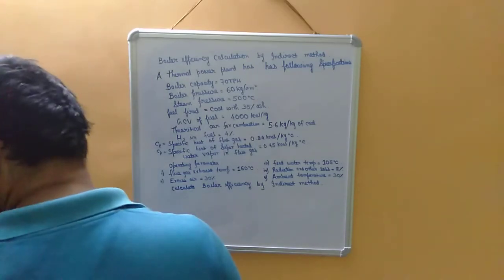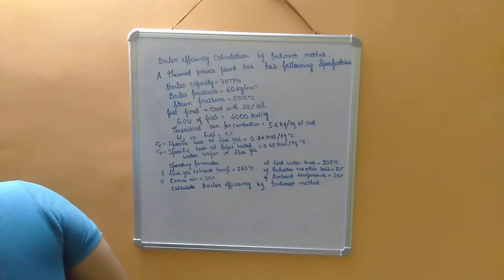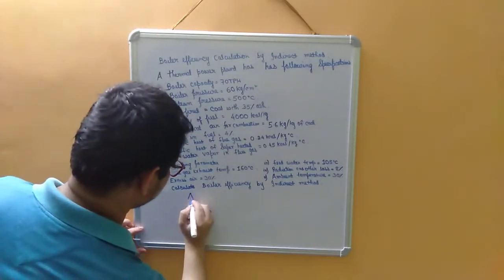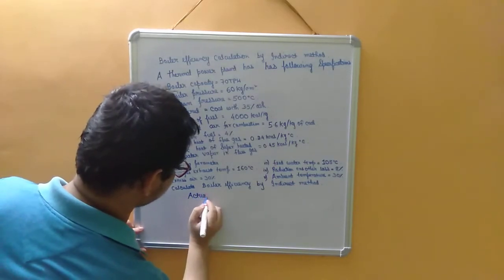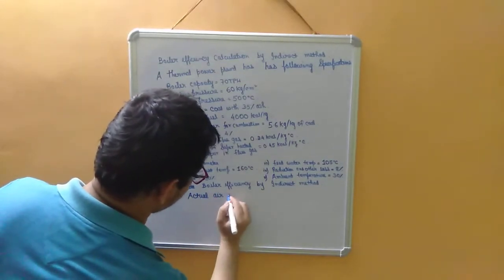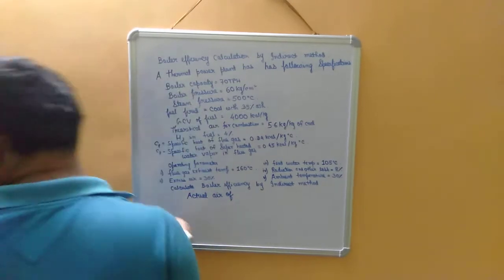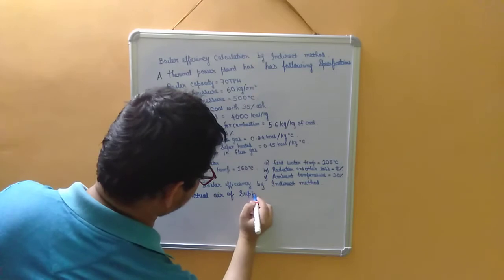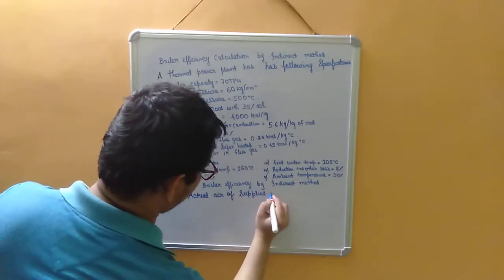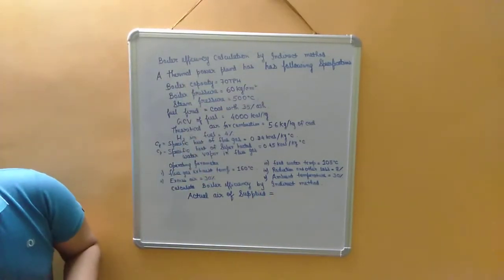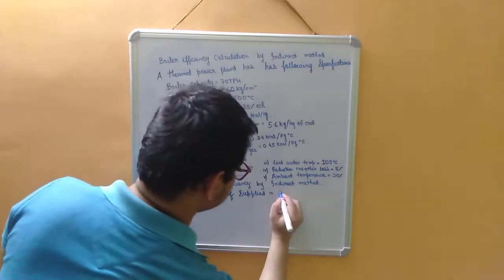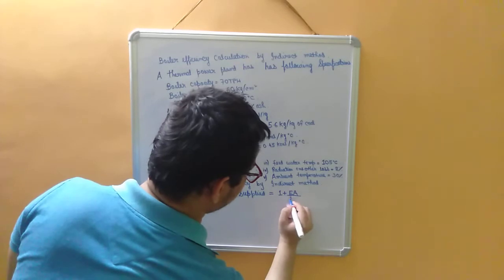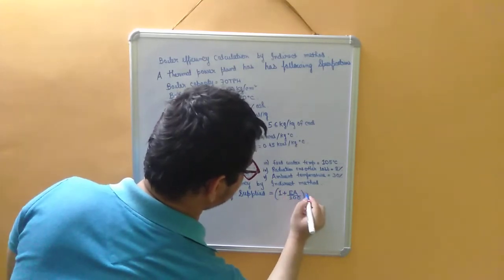Now we calculate the actual mass of air supplied. The formula is 1 plus EA, where EA is the excess air divided by 100, into theoretical air.